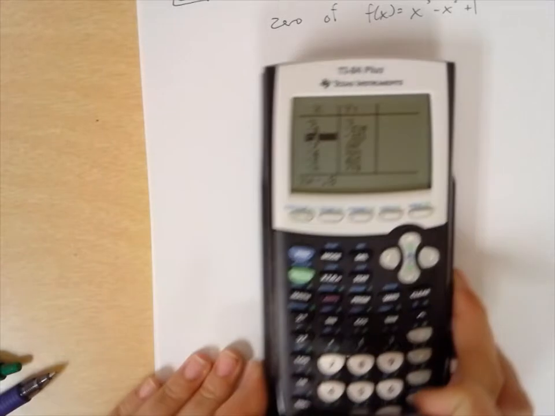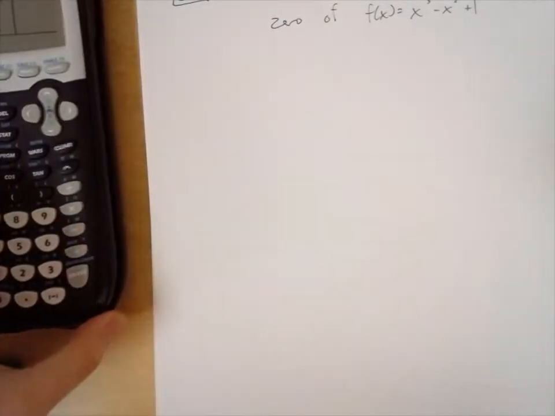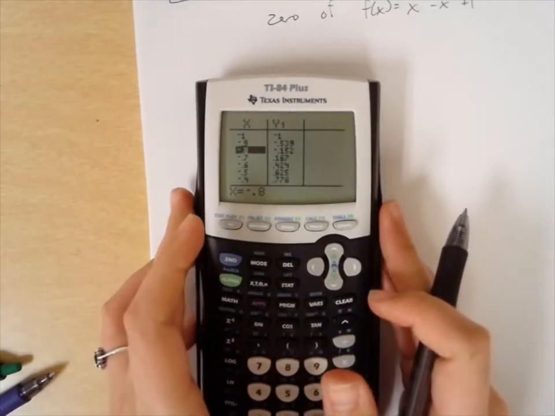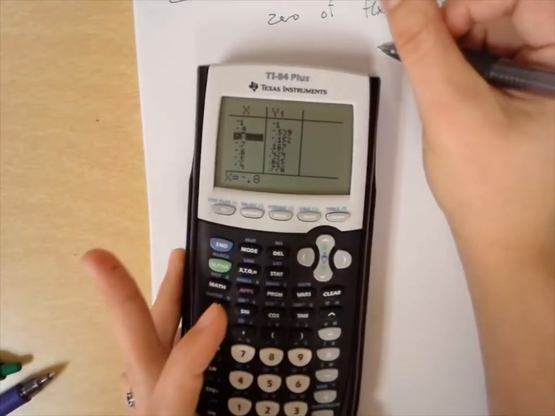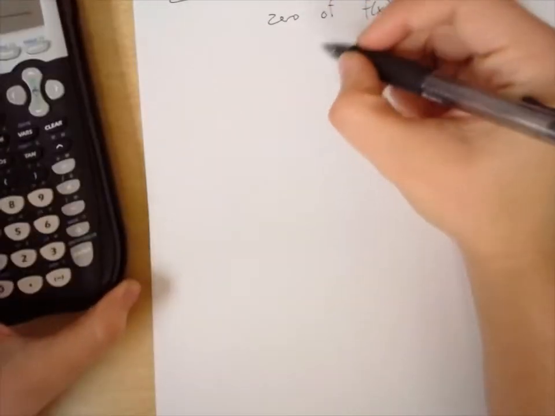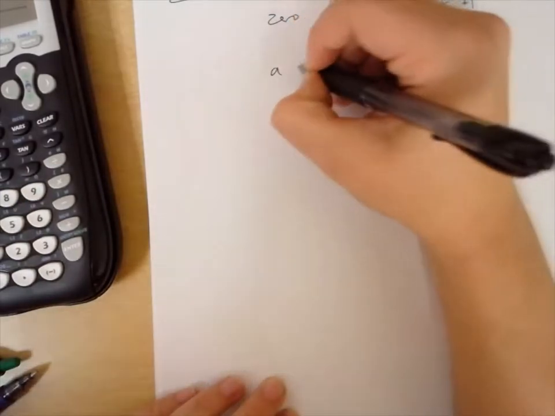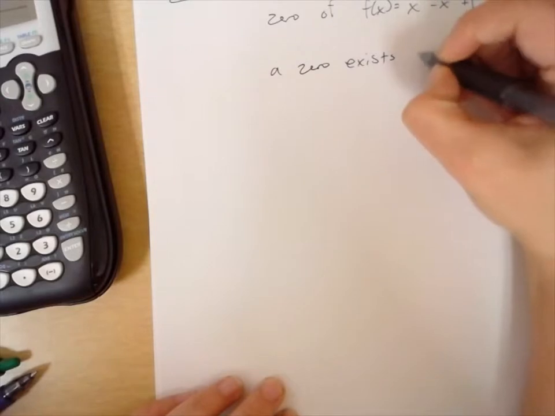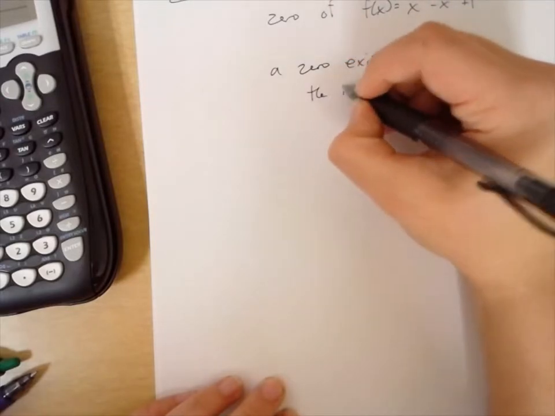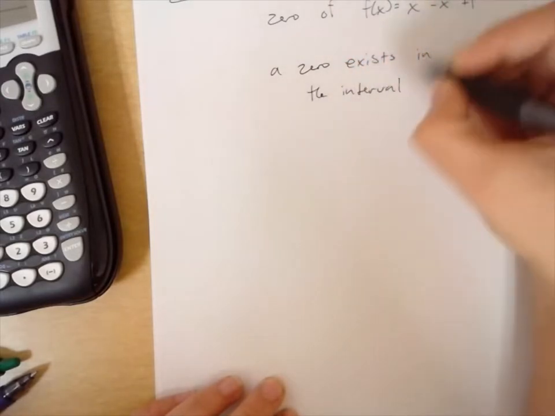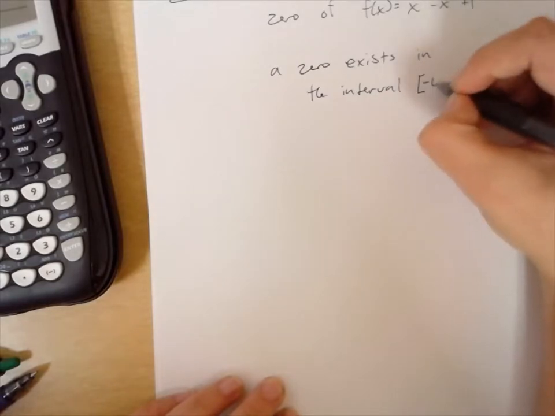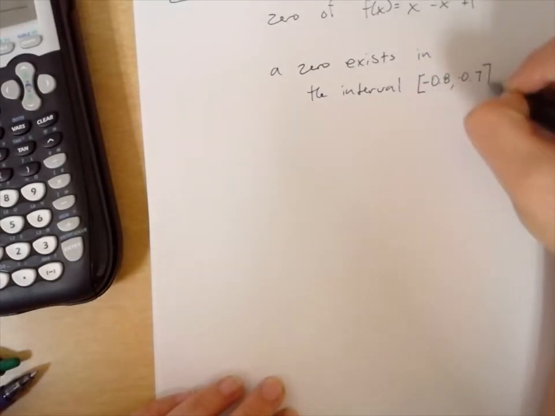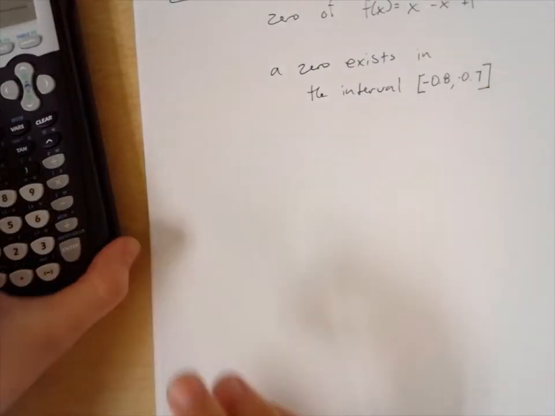However, we're going to call it good here, and we're going to say that there is a 0 that exists in the interval -0.8 to -0.7.